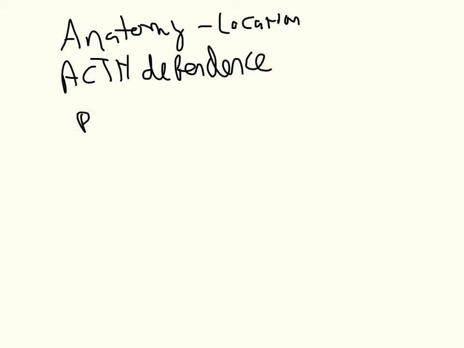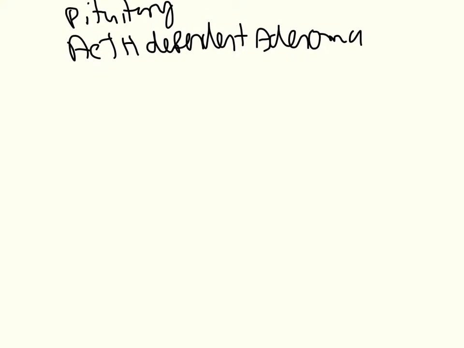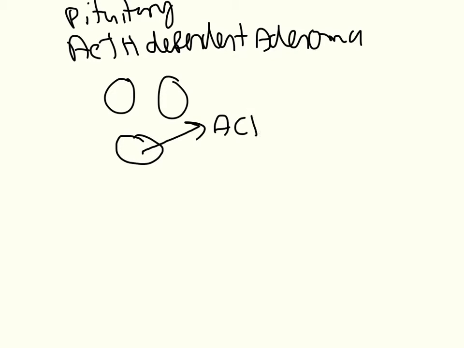So I can have a pituitary ACTH dependent adenoma, and that is just like it sounds. So you have your hypothalamus, and then here in your pituitary you have this tumor that is secreting ACTH.